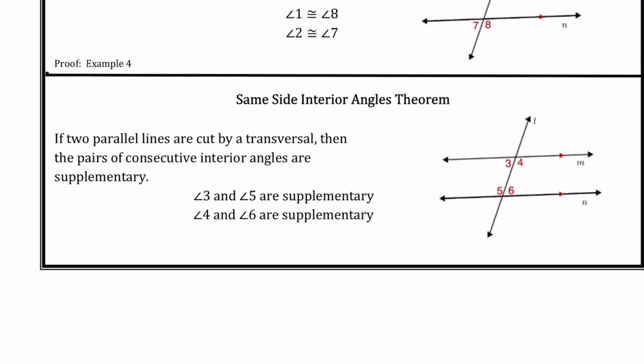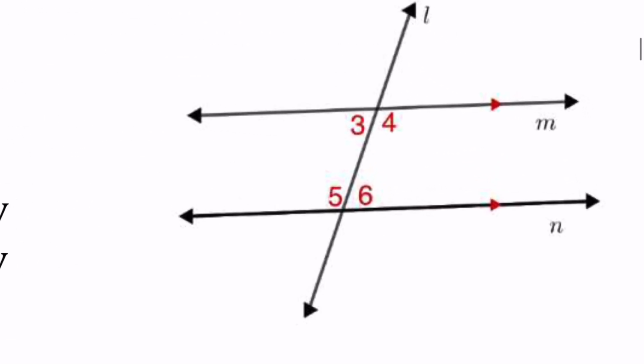The same side interior angles theorem says if two parallel lines are cut by a transversal, then the pairs of consecutive interior angles are supplementary. So if I were going to draw this into a pie, these two angles are vertical angles, so those would be the same. And then these bigger ones are also the same. Now, if you have corresponding angles, this angle has to be the same as this one.